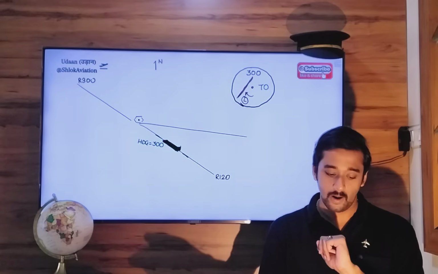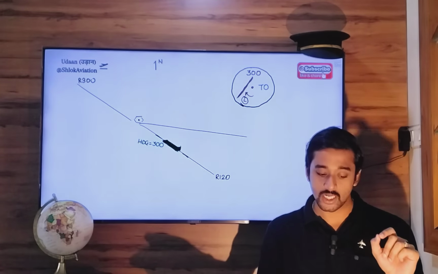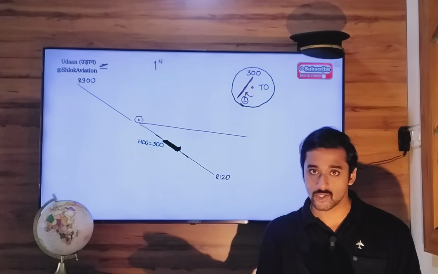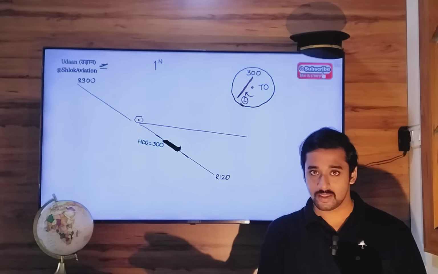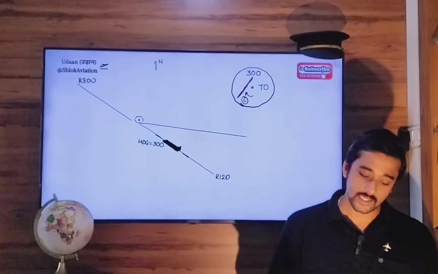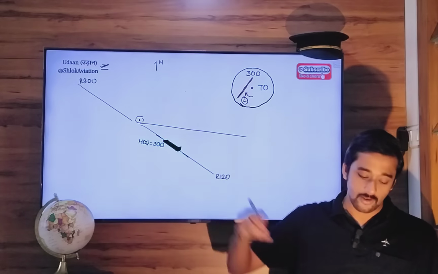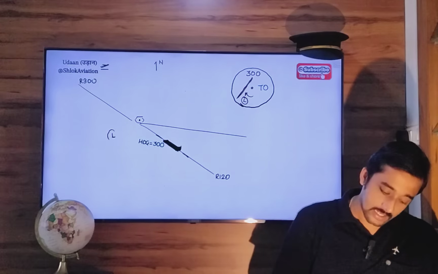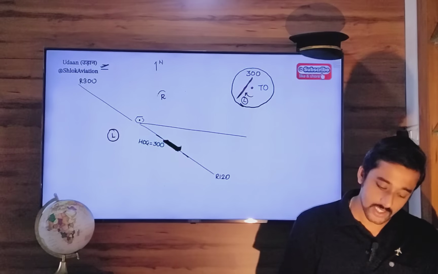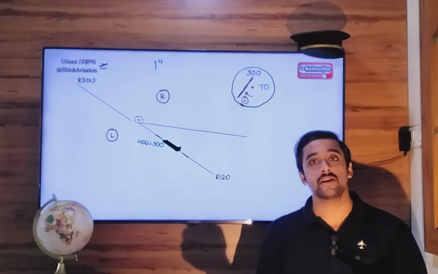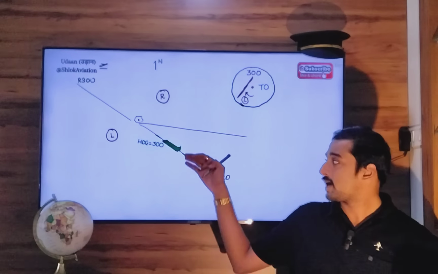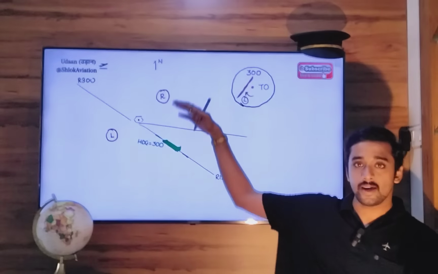Now going inbound, considering the OBS setting that you have put in this OBS selector, 300 with a TO indication. With a TO indication, that means going inbound towards the VOR, this becomes your left hand side, this becomes your right hand side. And if CDI is telling you to fly left, that means you have deviated to the right hand side. Right hand side means somewhere here, anywhere here.